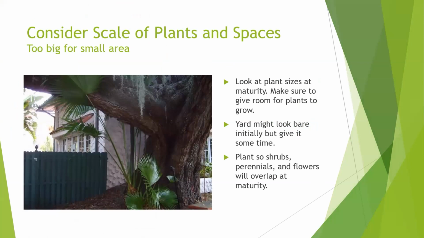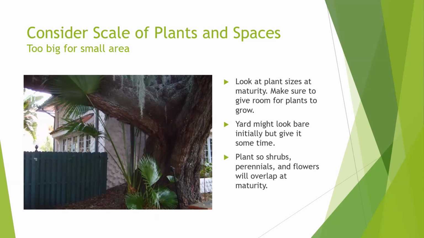One thing that you want to be sure of when you go to the nursery is that you're reading the plant tags. The plant tags will tell you what the mature size of that plant is. Why is that important? It is important because you may end up with a huge tree right next to your house. When you bought it, it was just a little guy.